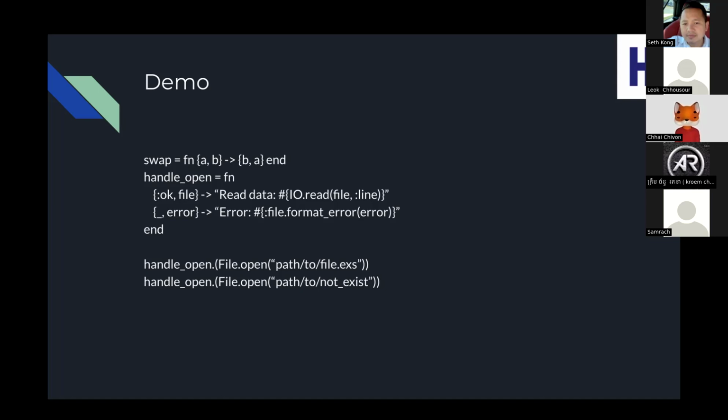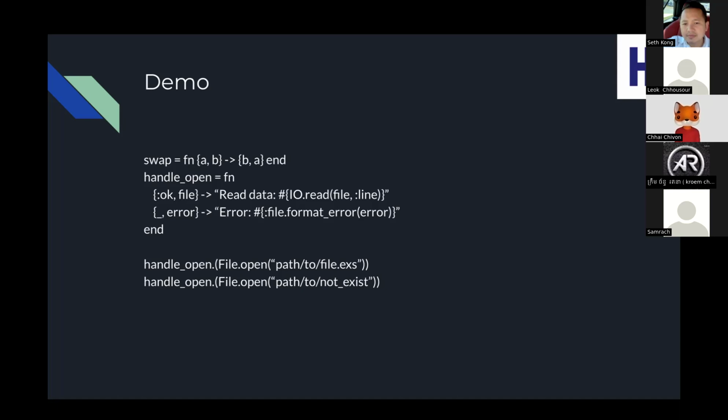Because of pattern matching. It takes a look at the output of the file open and inspects it. If it matches whatever parameter list we have, then it processes the function body. It's fairly easy to read, right?